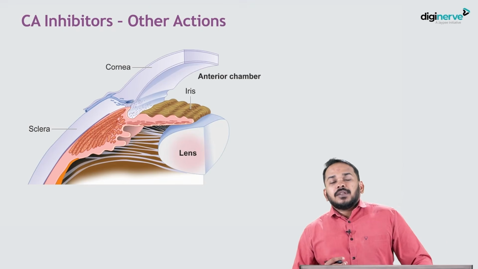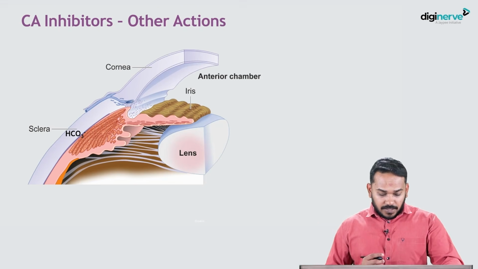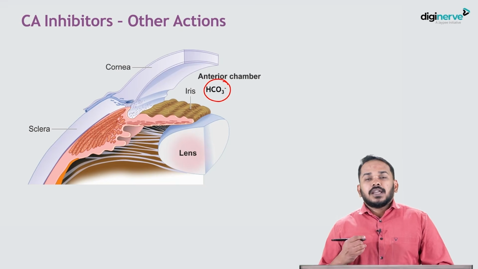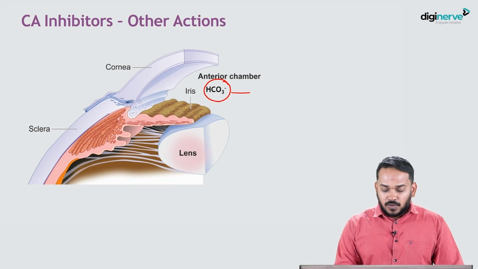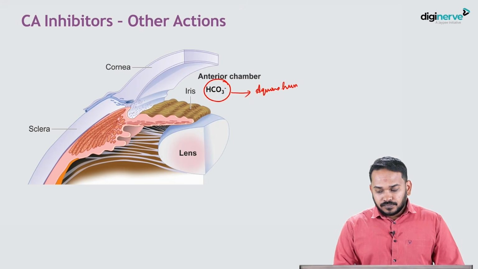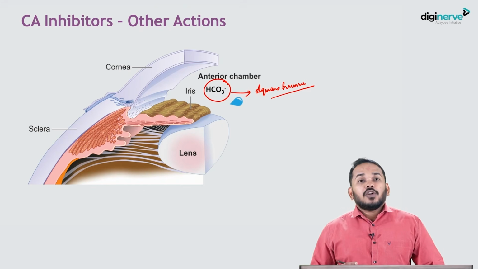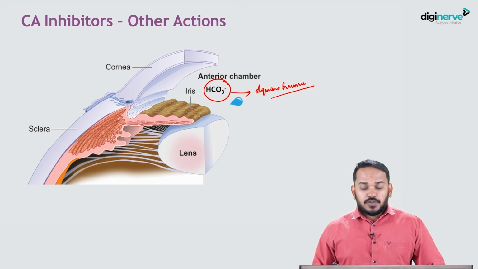Carbonic anhydrase inhibitors are also used for the treatment of glaucoma, because carbonic anhydrase enzyme is essential for the secretion of bicarbonate ions into the aqueous humor. So when bicarbonate ions are secreted into the aqueous humor, water will also be secreted into the aqueous humor.